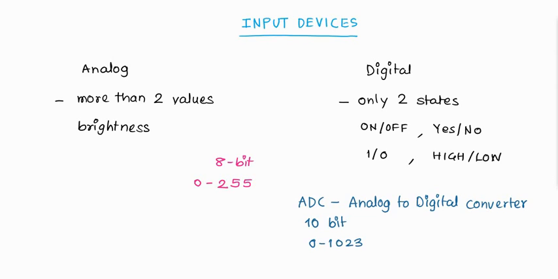One more thing we need to understand about input devices before we go further, that is, where should I attach them? Now we can have digital input devices or we can have analog input devices. Now when we have analog input devices, we can connect them to only pins A0 to A5.